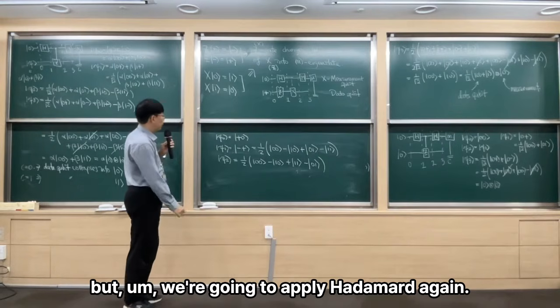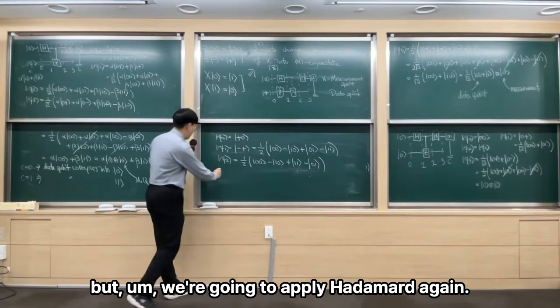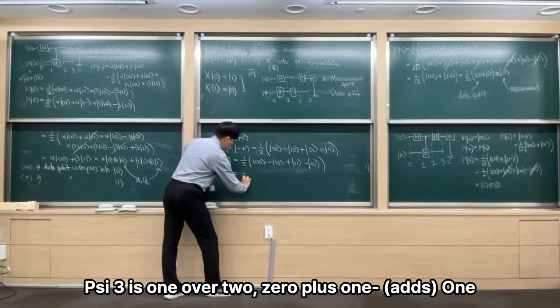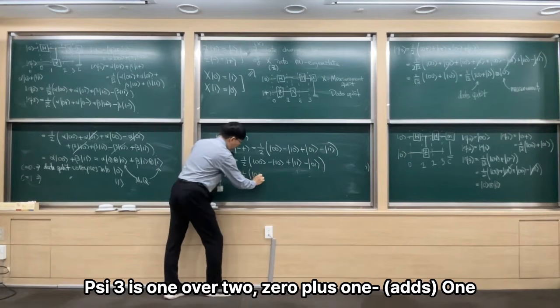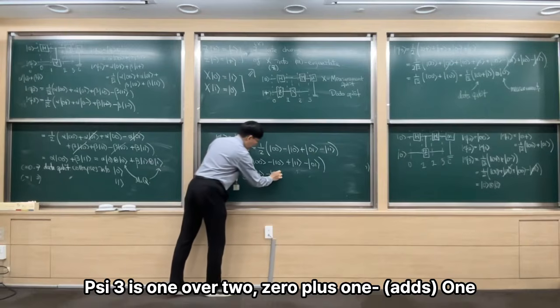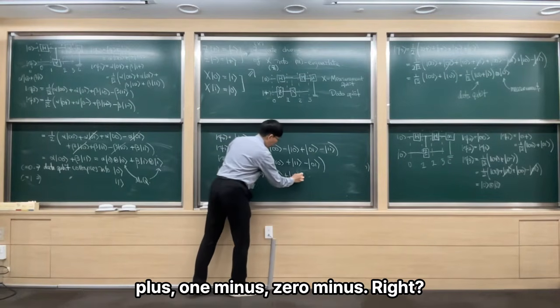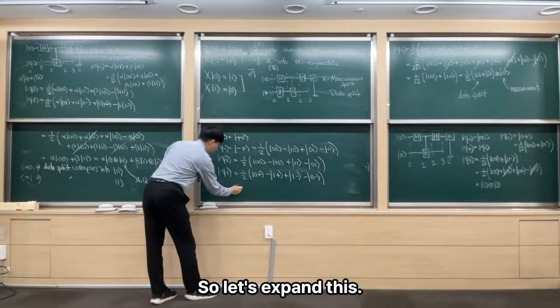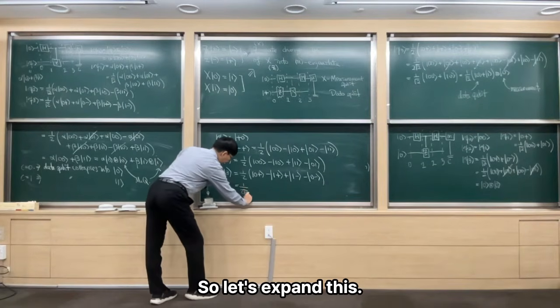So no canceling, but we're going to apply Hadamard again. Psi 3 is 1 over 2, 0 plus, 1 plus, 1 minus, 0 minus, right? So let's expand this.